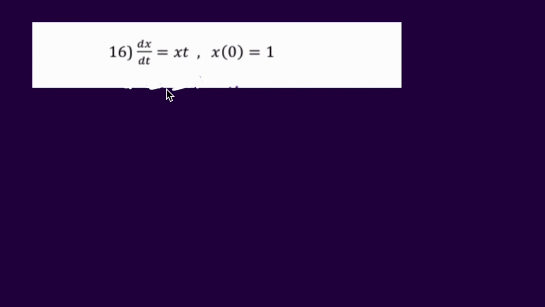In our next example, we have dx over dt equals xt with the initial conditions shown here. First thing we're going to say to ourselves is we're going to be solving for x, because the x variable is in the numerator. Next, whatever is on top is going to correspond to what's on the opposite side of the equal sign. So here, our initial condition has x equals 1, and the t, which is on the bottom, is going to correspond to what is within the parentheses.